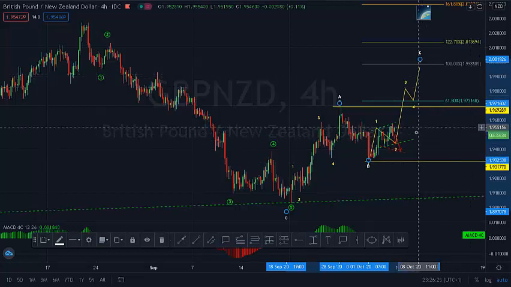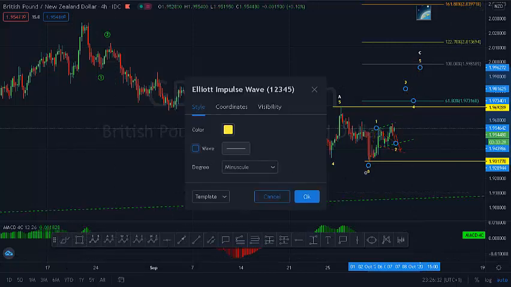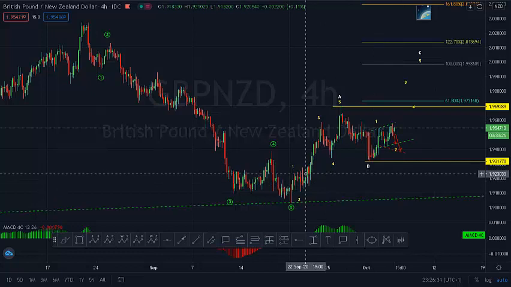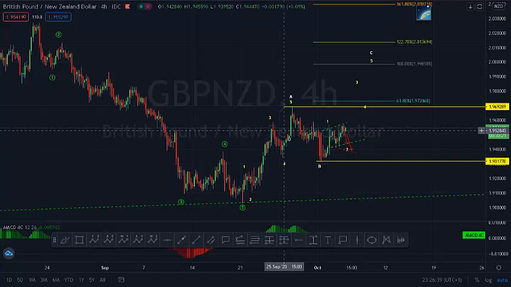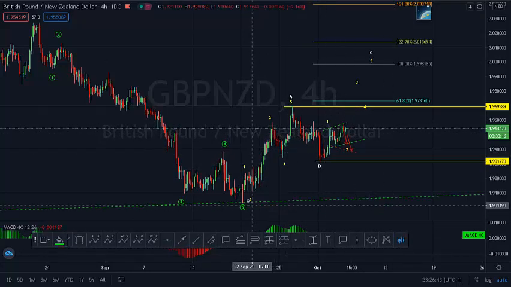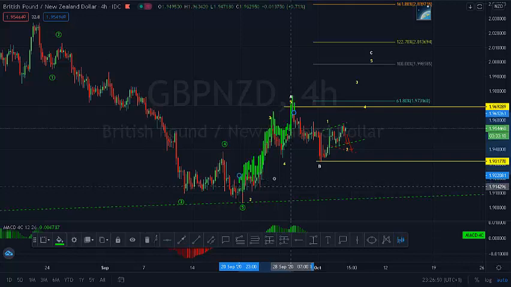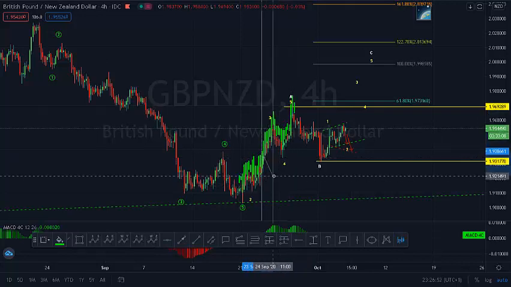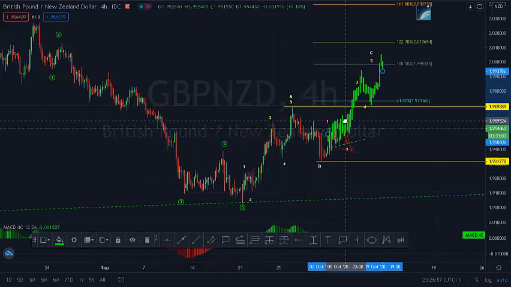And if you look closely, you discover that the structure of this wave A is something similar to what is developing here. Let me show you something. This structure seems to be similar.